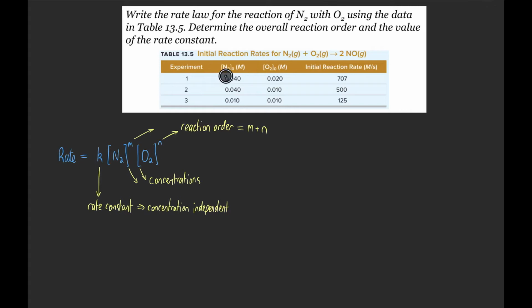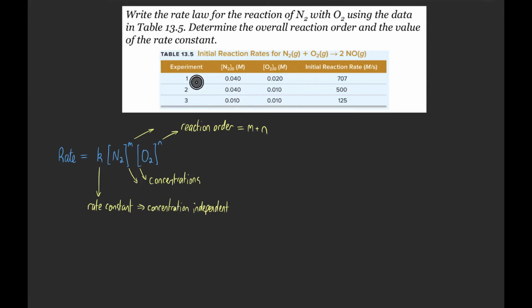What you'll notice by looking at the concentrations here is that between different pairs of experiments, we're only actually changing the concentration of one component at a time. If we compare the reaction in experiment 2 and 3, for example, we're changing the concentration of N2.